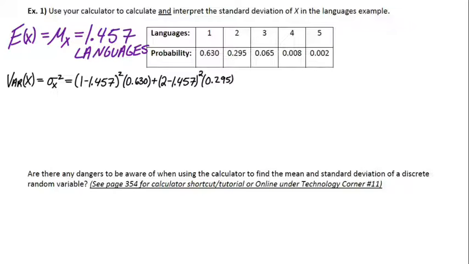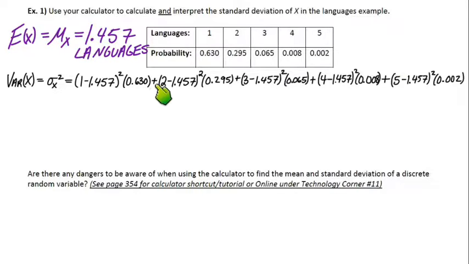And then let's go to 3 languages, subtract the mean, square it, multiply it by its probability. We'll do it for 4 and for 5 as well. And then we're going to add all these up to get our variance. So we can say the variance, sigma squared, is 0.450.